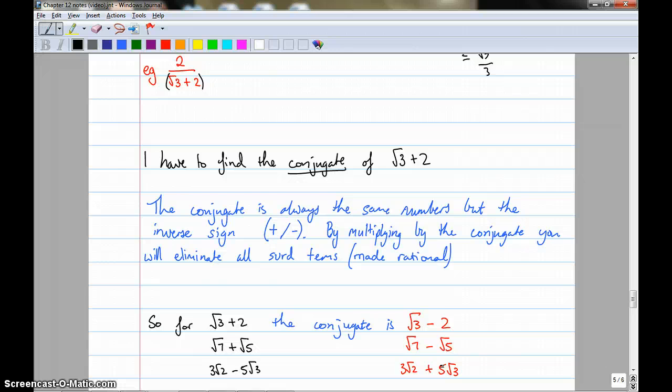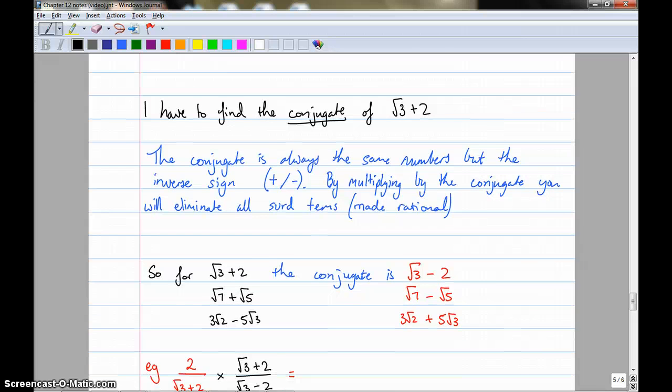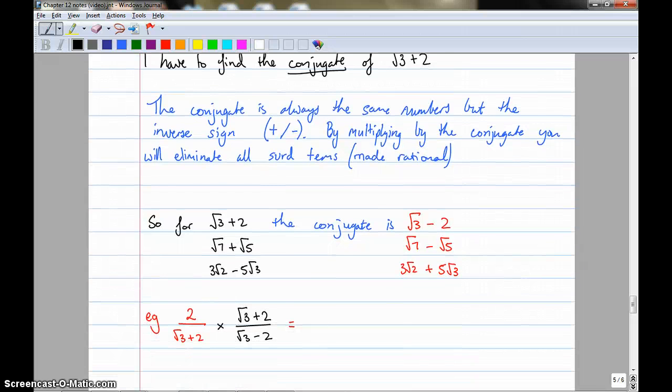So, if I multiply mine, 2 over root 3 plus 2, if I multiply that by root 3 minus 2, or I've made a mistake up here actually, I have to do the same thing to the top and the bottom, so that becomes minus 2 as well. Then what I'm going to get up the top is relatively easy.